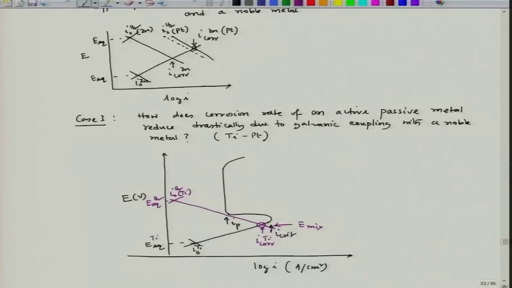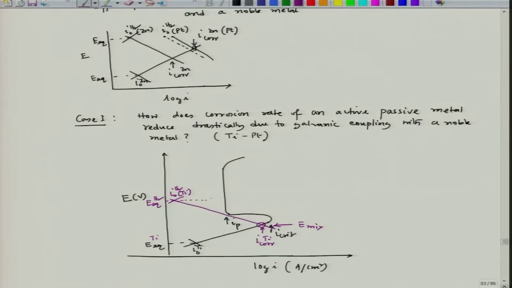The exchange current density of hydrogen evolution reaction on titanium surface is lower than that on platinum surface, but the equilibrium potential will not vary, because this is decided by pH of the solution, considering that the hydrogen gas is at atmospheric pressure, which is 1 atmosphere.